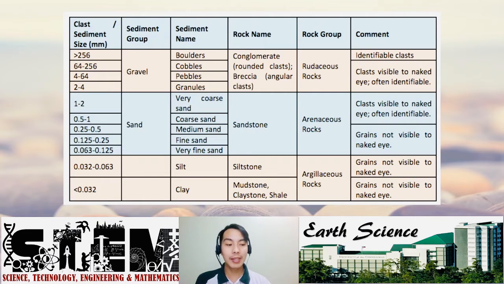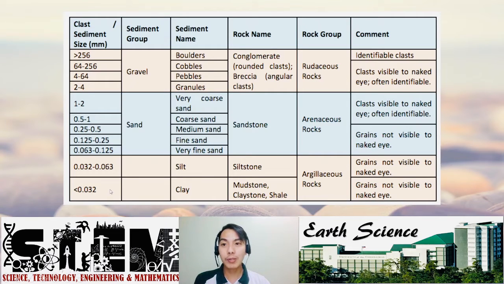Now, the naming of sedimentary rocks will depend on the sediment name, coming from the sediment group. First we have clay. Clay has sediments smaller than 0.032 millimeters.